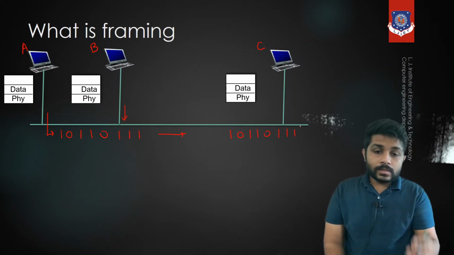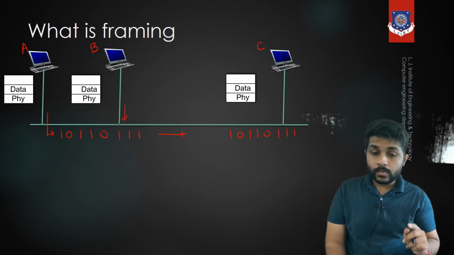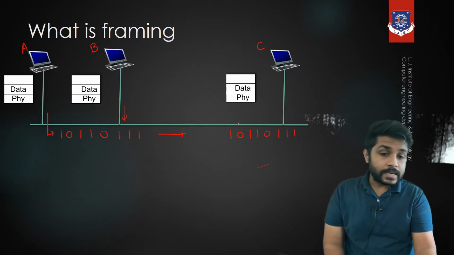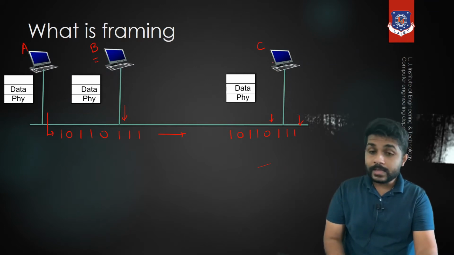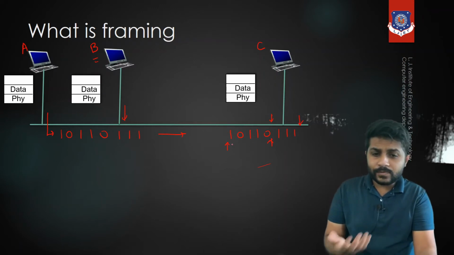Now C is getting 10110111. By receiving this stream of bits, C will get confused because C doesn't know what is the start of the data which is sent by B and what is the end of the data which is sent by B. C also doesn't know what is the start of data which is sent by A and what is the end of data which is sent by A. So C is confused now.